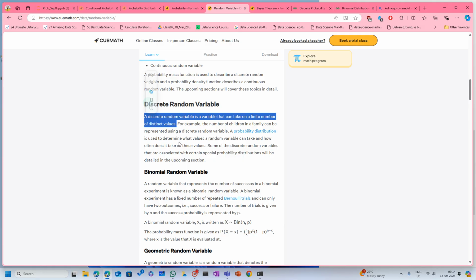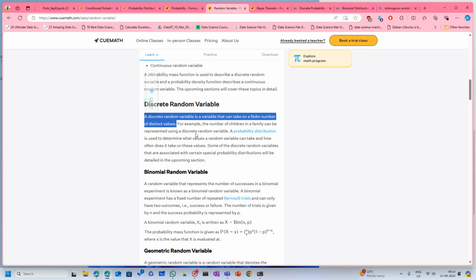Occupation could be doctor, software engineer, attendant, receptionist, teacher, pilot, etc. So all those values are definite values. Those are all called discrete variables, discrete random variables.